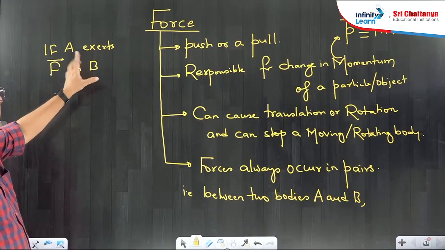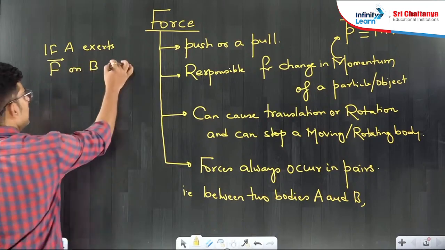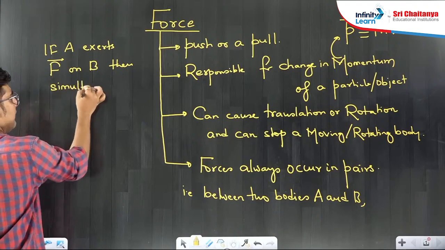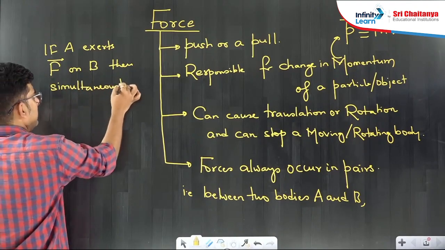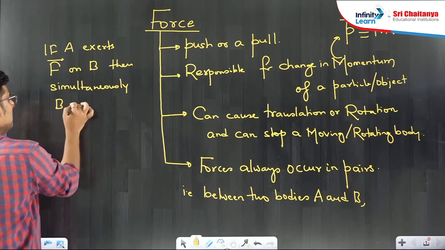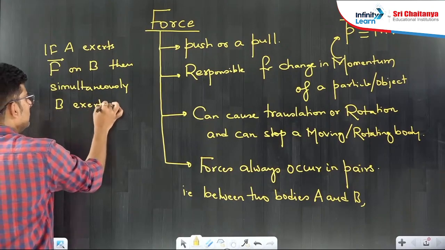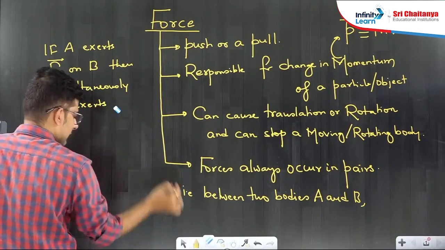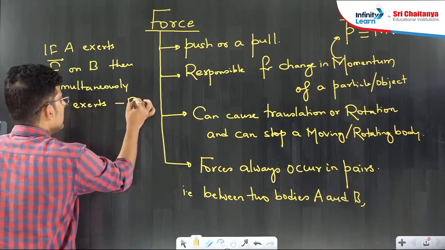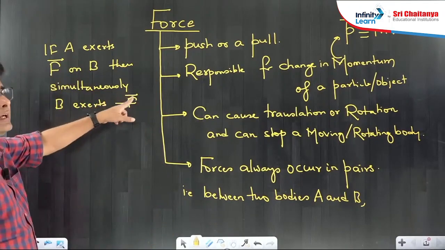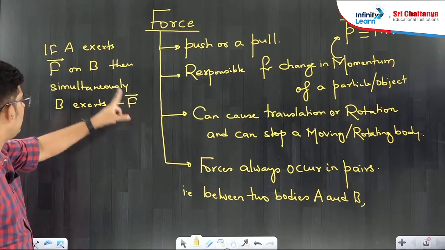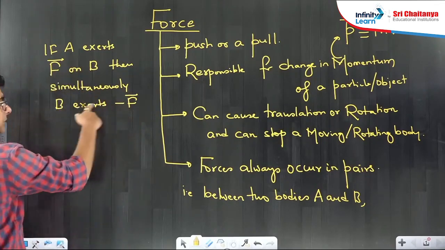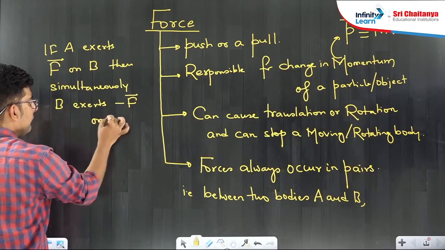When a body A exerts F on B, then what happens? Simultaneously, without any time lag, without any delay, it will be a simultaneous process, B exerts a force which we call minus F vector. What does minus F vector mean? It means exactly equal and opposite to the force exerted by A on B. So simultaneously B will exert a force minus F vector on A.